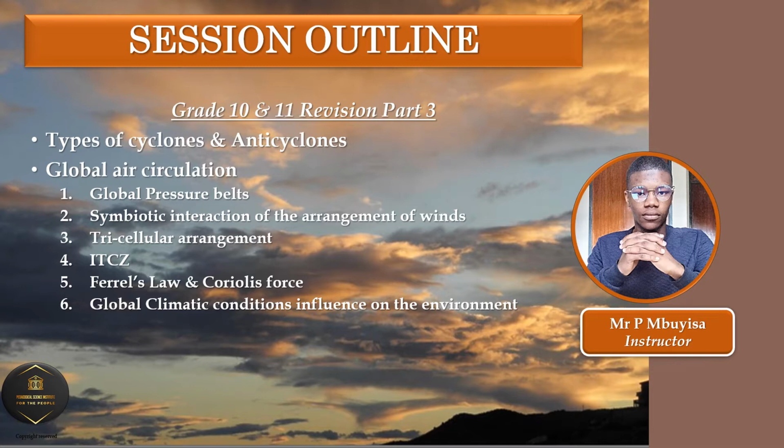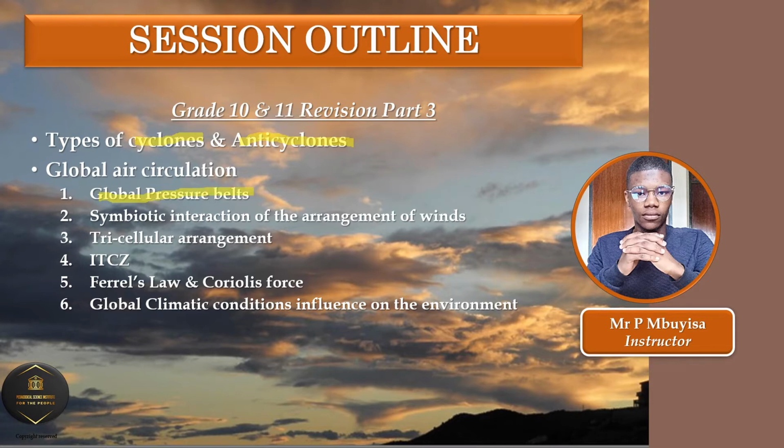So our session outline shows us that the first thing we are going to do is look at the types of cyclones and anticyclones. Then we'll move on to the global air circulation system. We'll start by looking at global pressure belts.